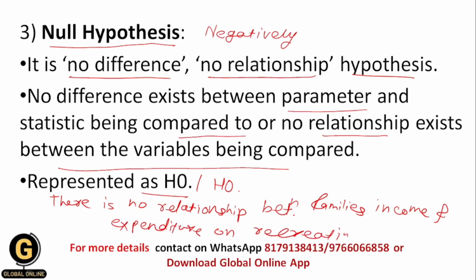Here family's income and expenditure on recreation are both variables, but we are stating that there is no relationship between these two variables. It means that it is the null hypothesis.